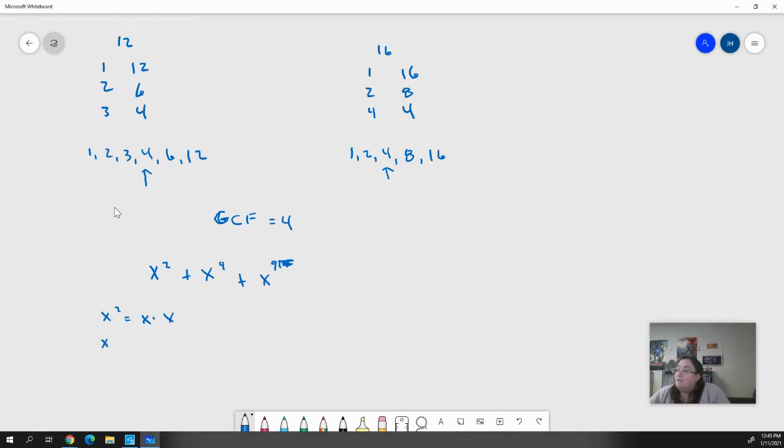X to the 4th is x times x times x times x. X to the 9th is going to be x times x times x times x times x. How many more do I need? 4? 1, 2, 3, 4. It's x multiplied by itself 9 times.